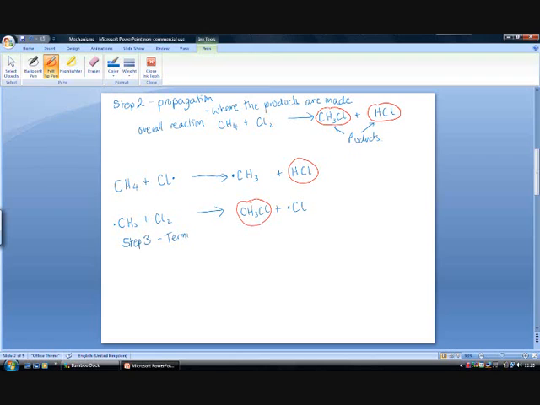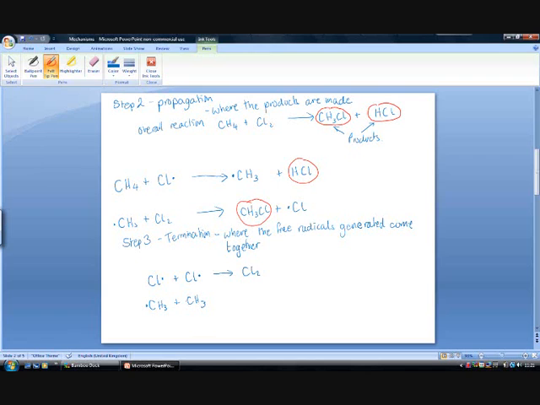Now step 3 is the termination, and that's an easy one to work out because it's where all the radicals that you've generated can come together. So far we've produced methyl radicals and chlorine radicals, and they can come together in different ways, as we'll see. So 2 chlorine radicals can come together and just make a chlorine molecule.